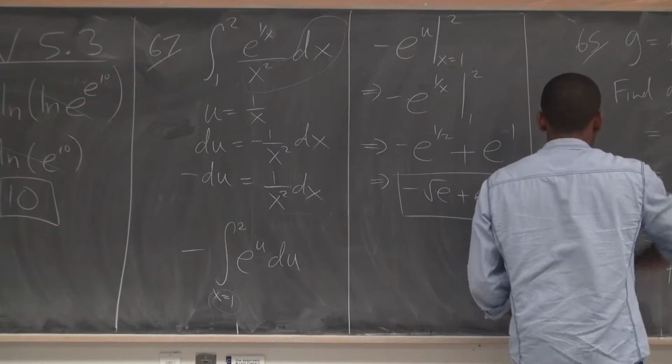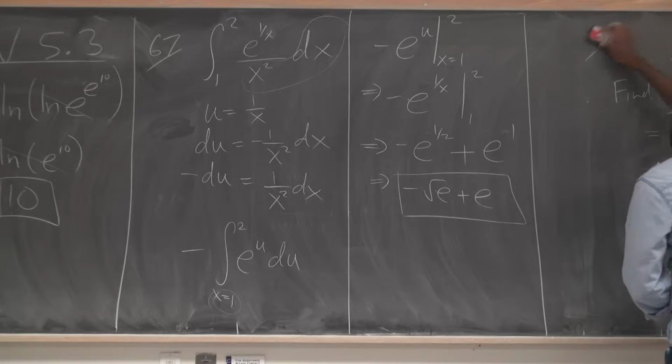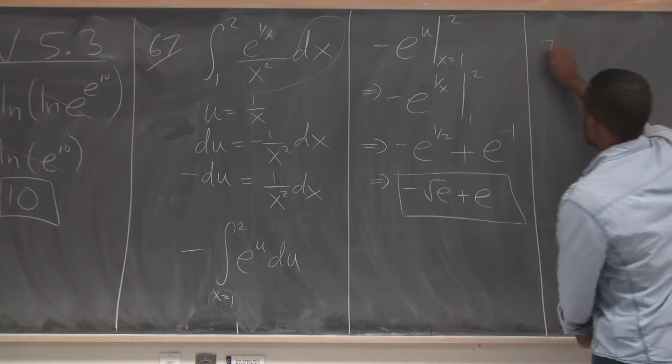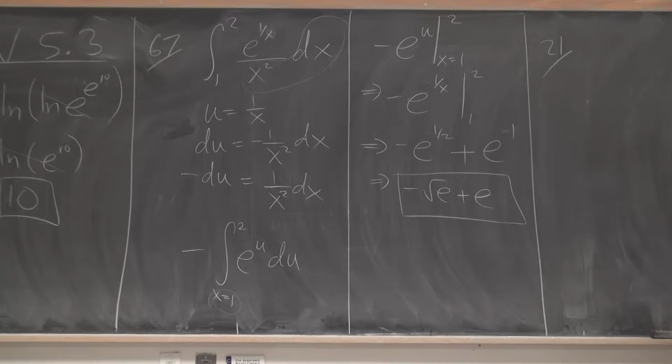Other questions? 21. So limit of x approaching 3 of e to the negative 2x cosine x.